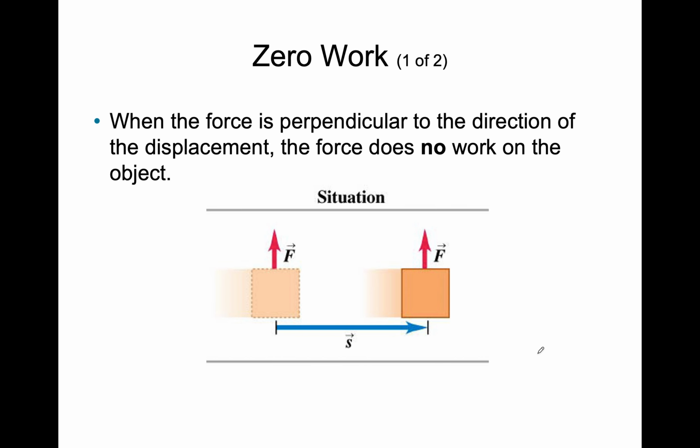To be more specific, how can we have 0 work? If there is no displacement, of course, it's always 0 work. Even if we have a nonzero displacement, a force perpendicular to the displacement does no work.